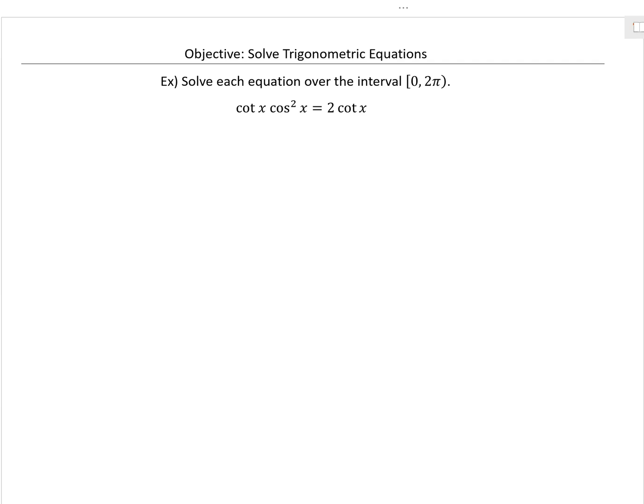All right. What we actually have to treat this as is similar to an expression where we had, let's say, xy squared equals 2x. And getting it into its standard form, we would subtract the 2x, and then x is a common factor, and we can separate x and y squared that way. And that would be like how we're going to separate then the cotangent and the cosine squared.